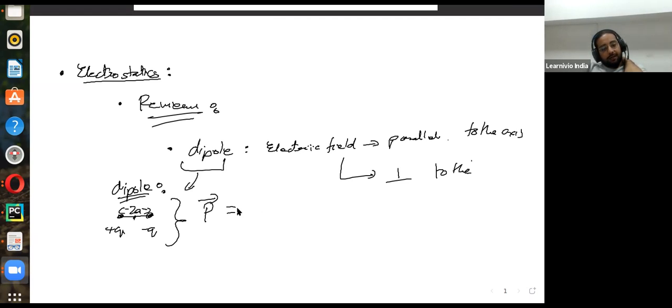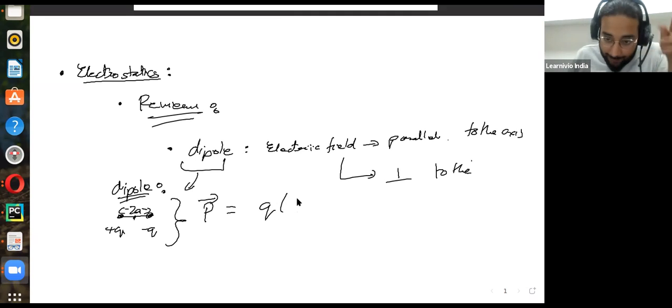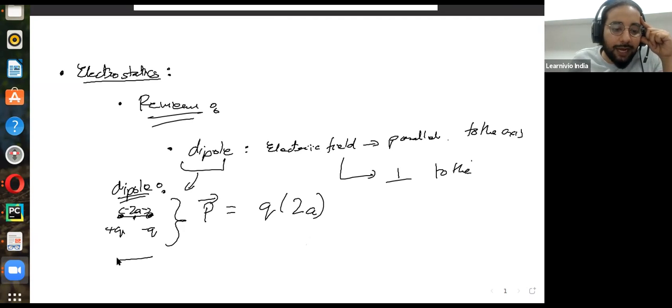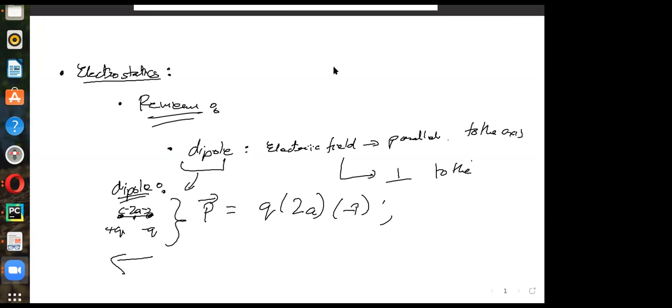It is the product of the magnitude of the charge, so without the sign, just q, multiplied by the distance between them. And how did we figure out the direction? We figured it out from negative to positive always. So in this case, it will be minus i cap. Make sense? Lovely.